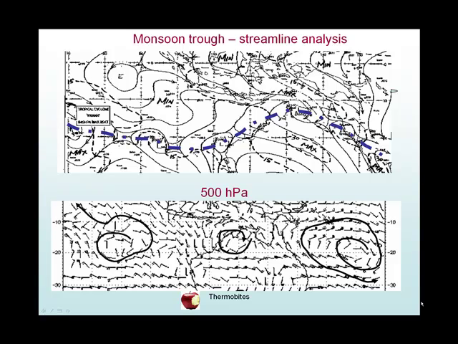All of these lows are going to be warm cored, and so when we look at the 500 hectopascal wind field, we can see that the low in the Coral Sea and the low in the Indian Ocean have given way to anticyclonic rotations. However, the low over northern Australia is still present. So in most cases, the warm cored low will result in an anticyclonic flow at 500 hectopascals and aloft.